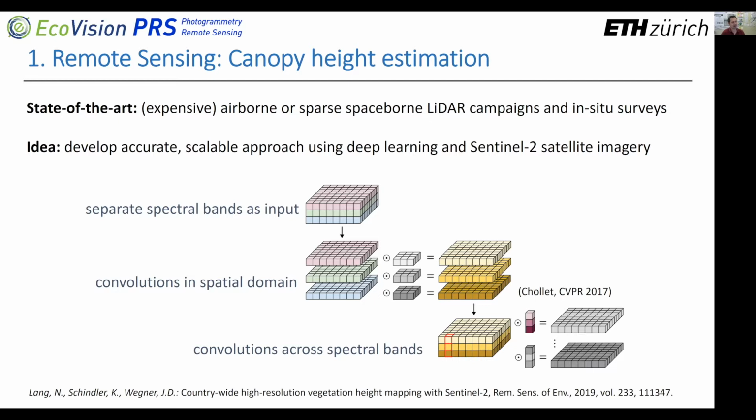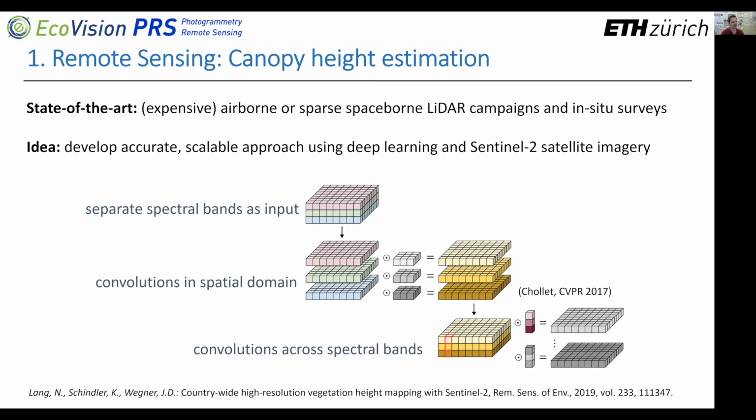So the idea is that we use the existing measurements, so reference data that has been collected already, to train a deep learning engine using satellite imagery to predict canopy height. Those of you who have worked with remote sensing data and satellite imagery already know that a lot of the vegetation signal is recorded in different spectral bands of the satellite.